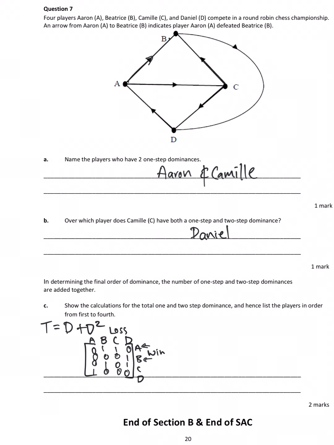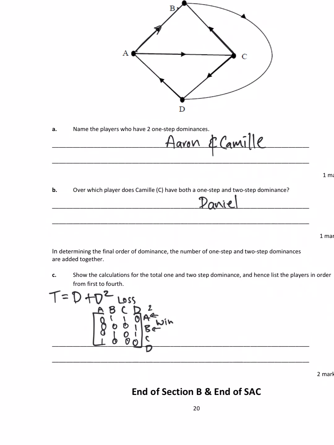To find the two-step ones, we'd square that matrix, so I'll quickly do that. The D squared matrix equals 0, 1, 0, 2, 1, 0, 0, 0, 1, 0, 0, 1, 0, 1, 1, 0.